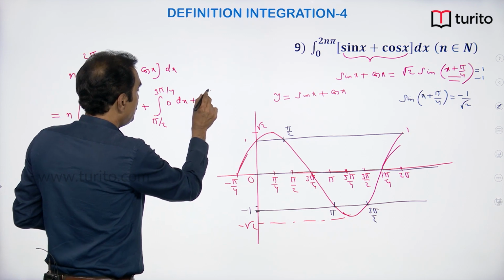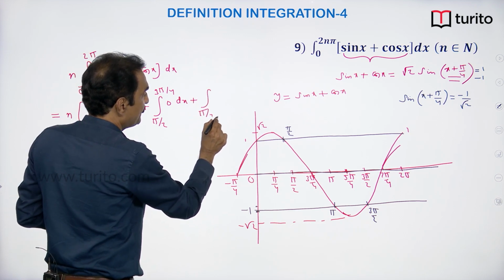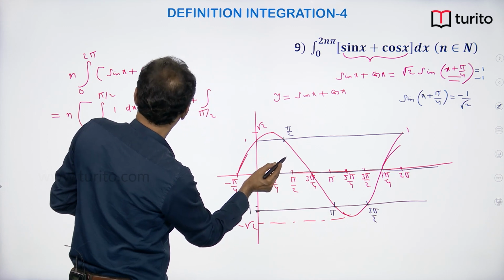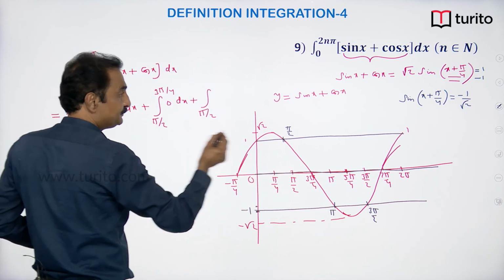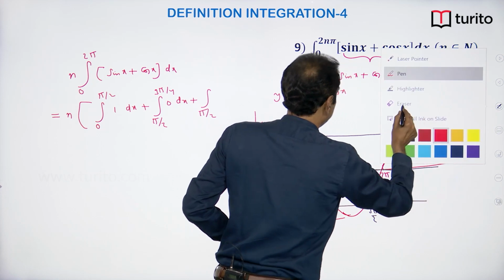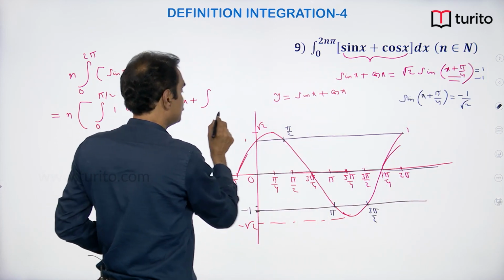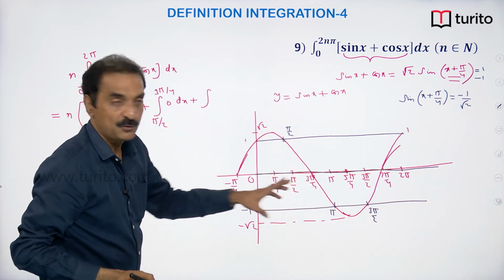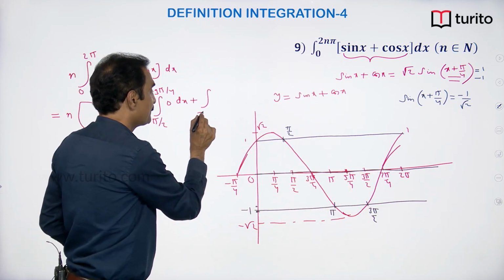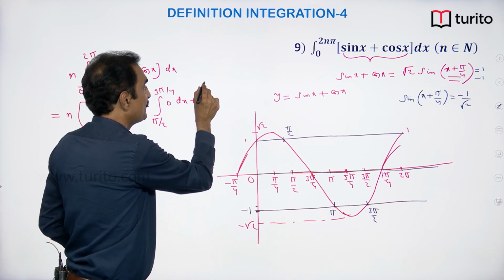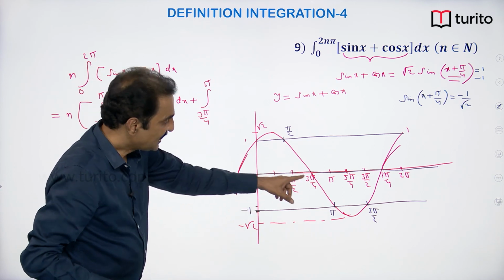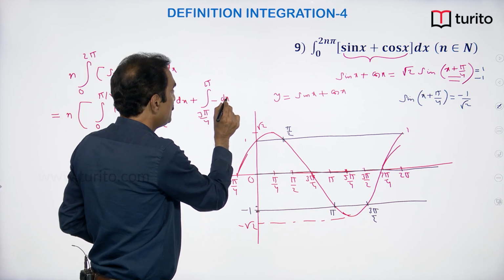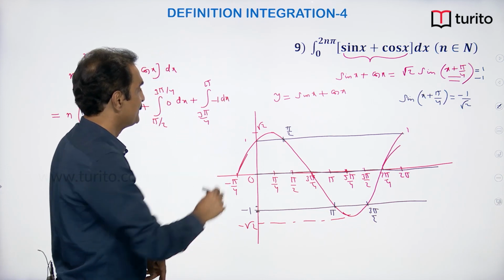So 3 pi by 4 to pi, its integral part is minus 1, so minus 1 into dx.